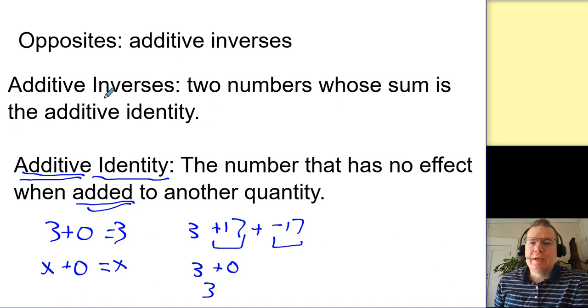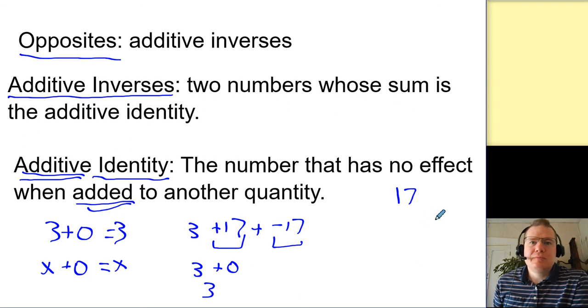So additive inverses, otherwise known as opposites, are the numbers whose sum is 0. Is 17 an opposite? That doesn't make any sense. 17 is the opposite of negative 17, and vice versa. Right? This is the opposite of regular 17.